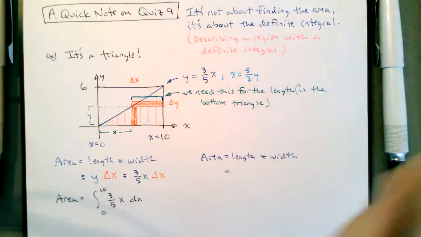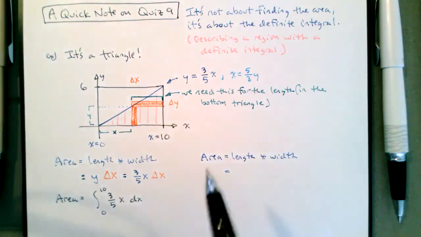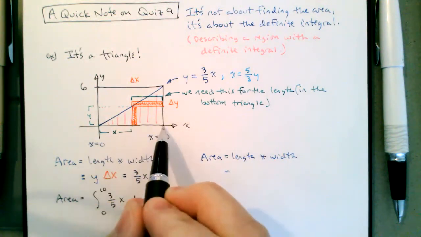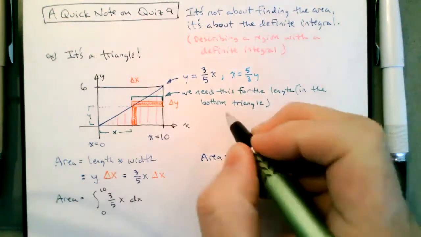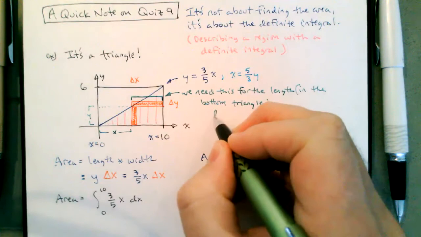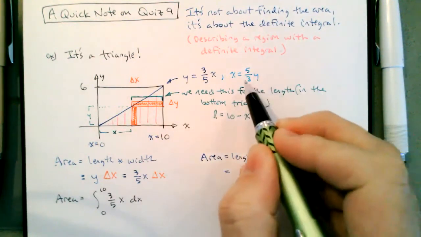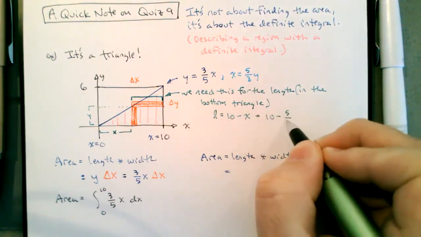Once again, it's not about finding the area of the triangle. It's about describing this region with a definite integral. So although this length is x, I don't care about this length. I care about this length from this x up to 10. So that length is going to be 10 minus x, which using x equals 5/3 y, is going to be 10 minus 5/3 y.